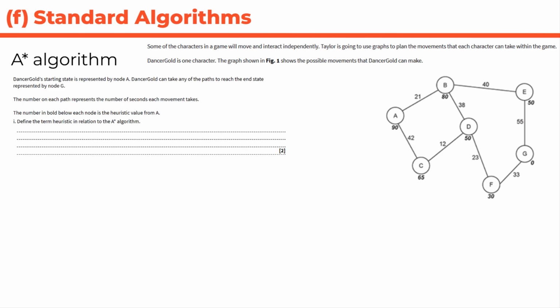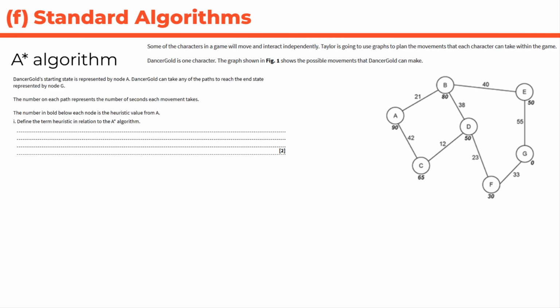Dancer Gold's starting state is represented by node A. Dancer Gold can take any of the paths to reach the end state represented by node G. The number on each path represents the number of seconds each movement takes. The number in bold below each node is the heuristic value from A.